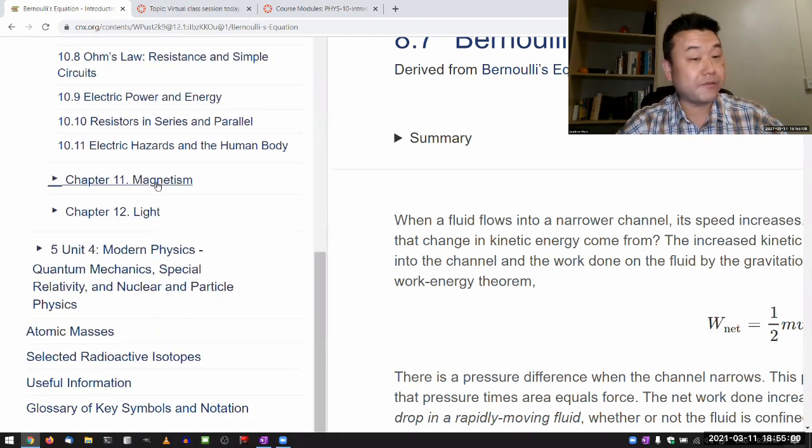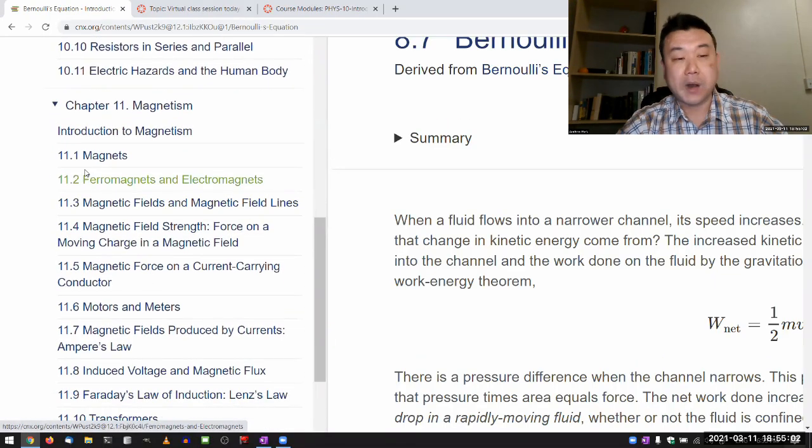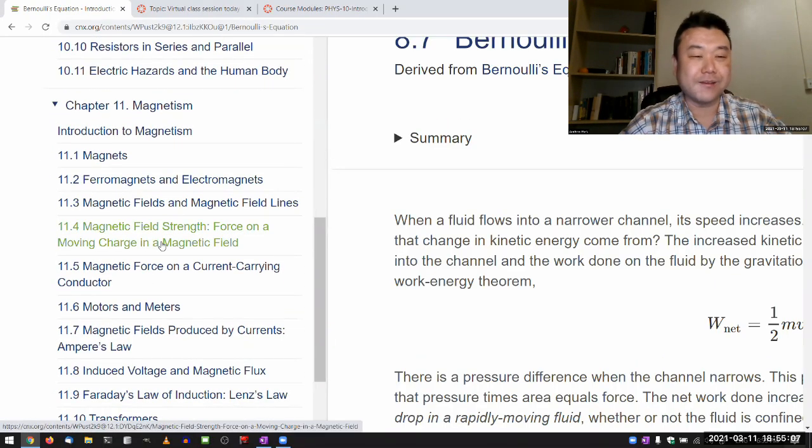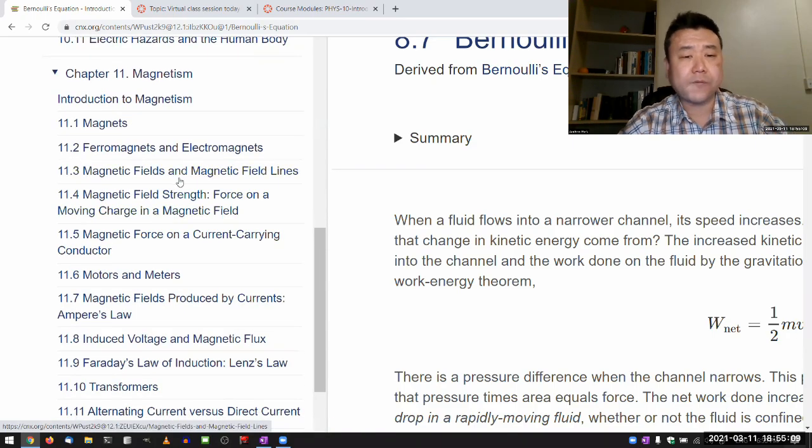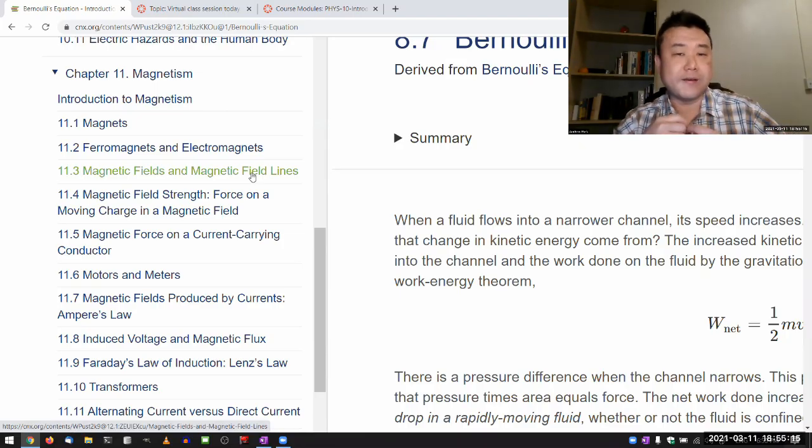And in chapter 11, we talk about magnetism, permanent magnets, and all the stuff you can do with a permanent magnet, and maybe magnetic field lines that look similar to what you might have seen if you ever played with a bar magnet and iron filings.